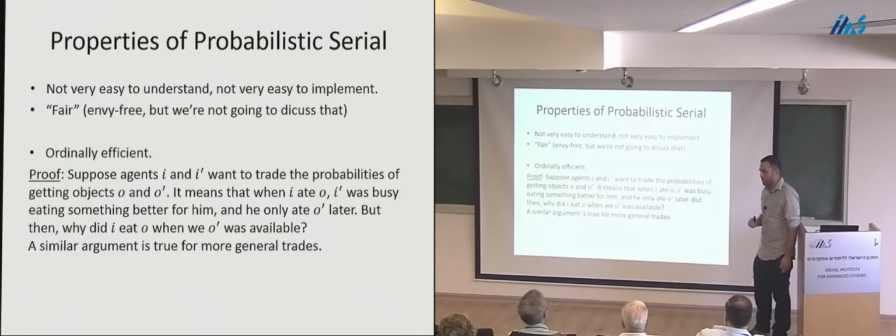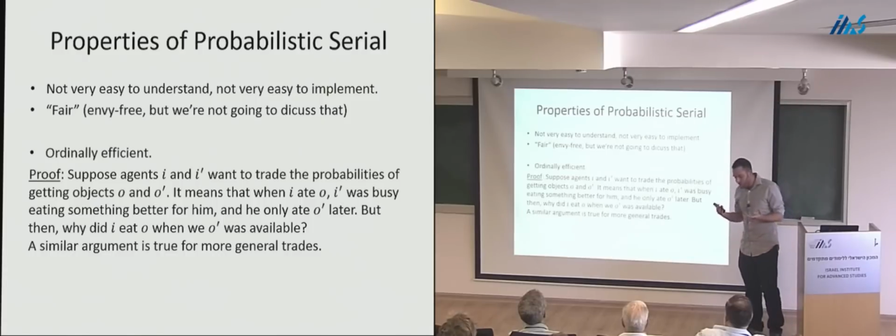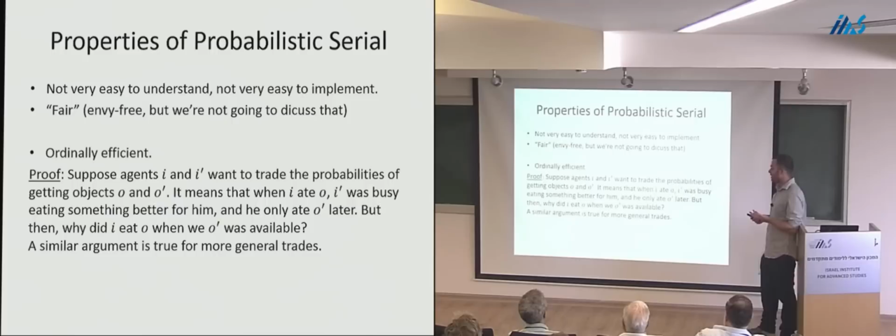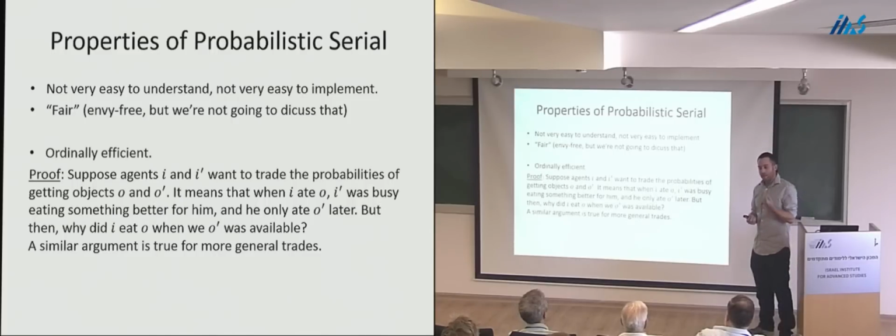And it's ordinally efficient. Let me try to give you a sense of a proof of why it is ordinally efficient. So suppose that it was not ordinally efficient, and there were two agents, agent i and agent i prime, that would like to trade what they got, the probabilities that they got. Agent i got some probability of getting o, and agent i prime got some probability of getting o prime. And now they want to switch.